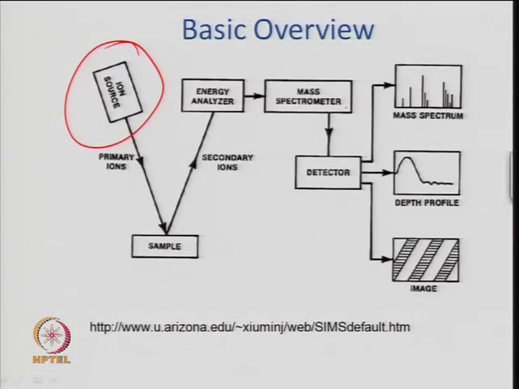Then you can have the spectrum of those compounds, the ions which have been irradiated from the surface of a solid or catalyst. So, you can see the depth profile and the image also. All this information can be obtained from this.